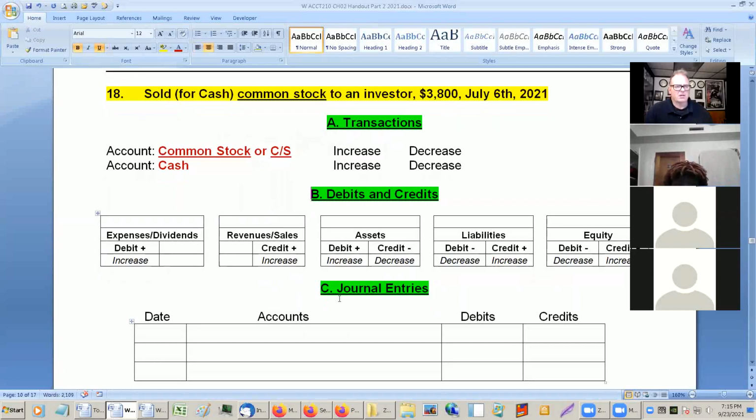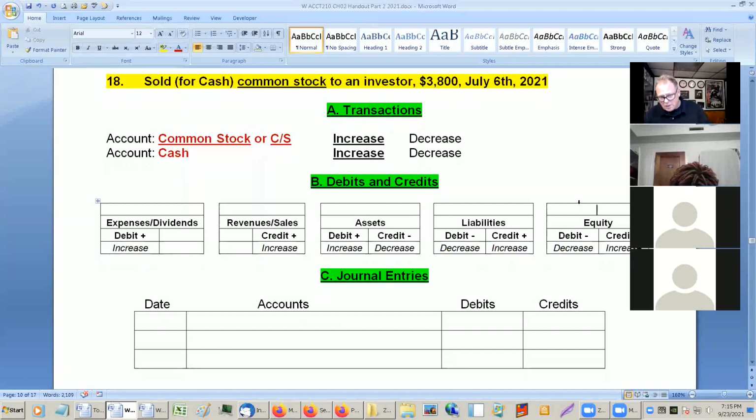Do we have more owners or less owners now? More. Yep. So we got more money too, so cash is also going up. Cash is an asset. Common stock is equity.